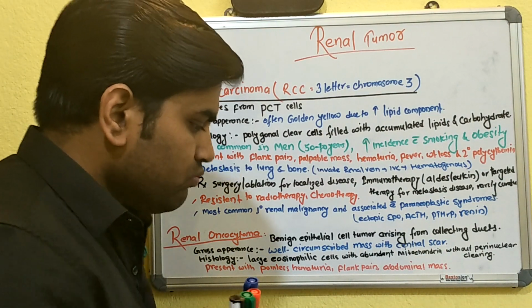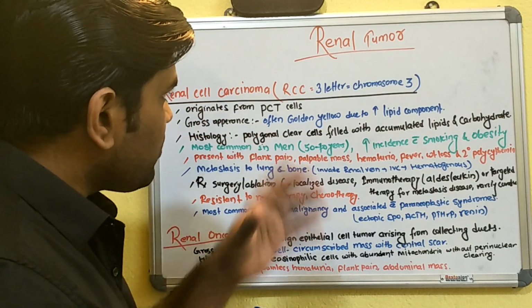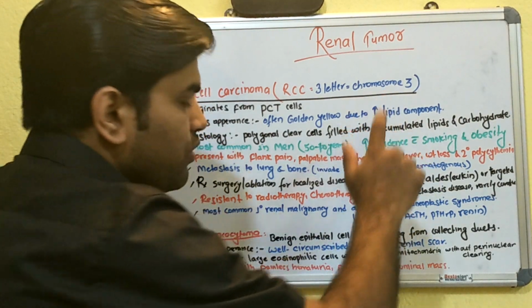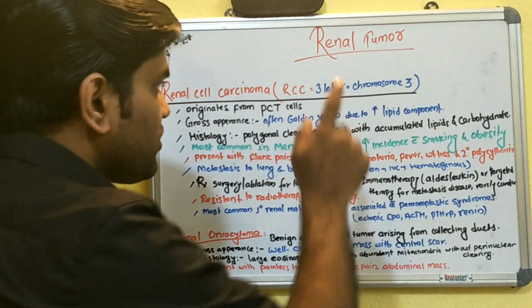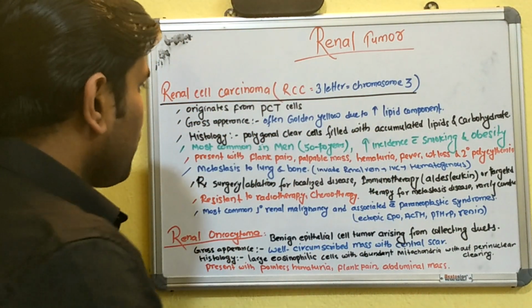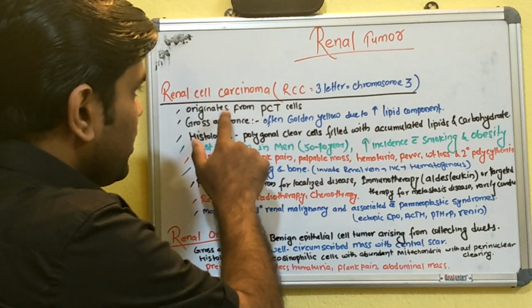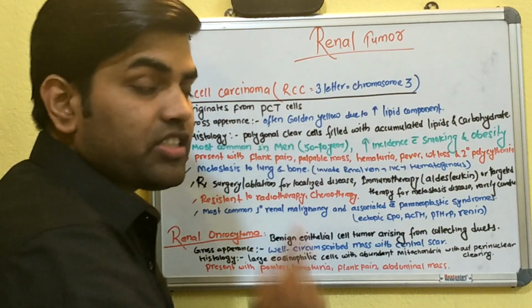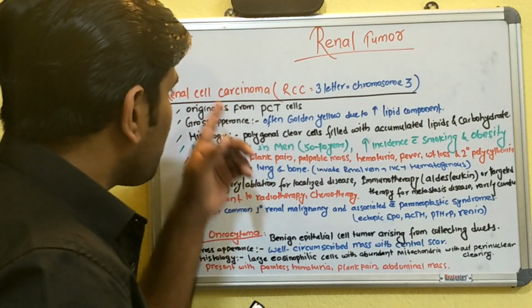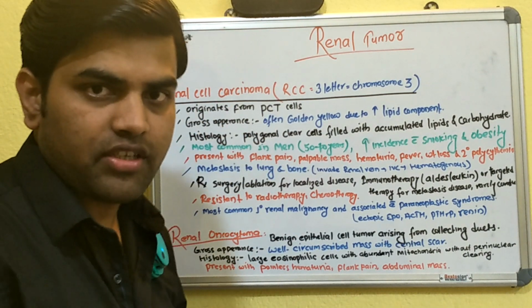This deletion in chromosome 3 leads to renal cell carcinoma. And the site of origin of renal cell carcinoma is the proximal convoluted tubule cell.